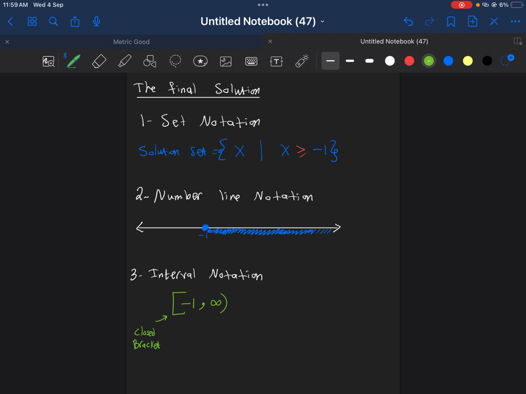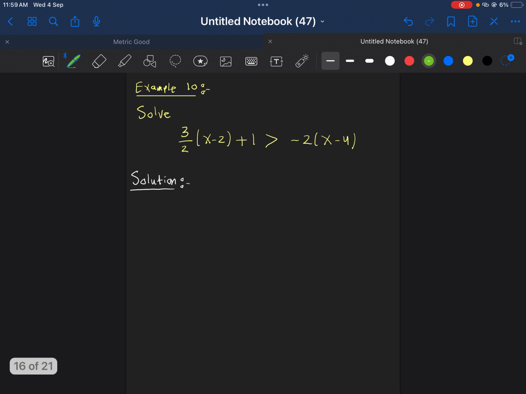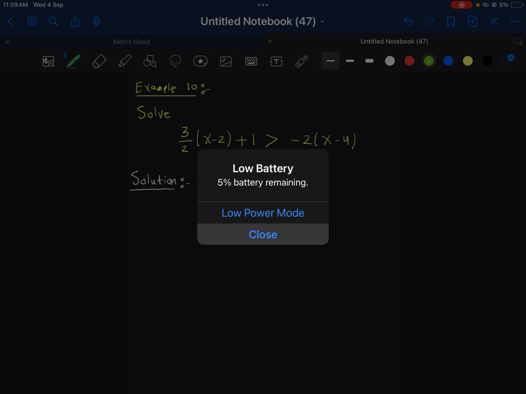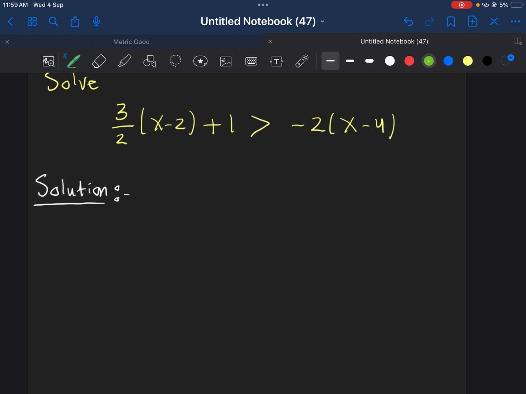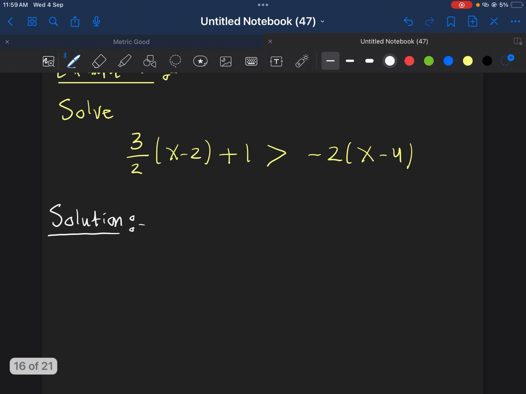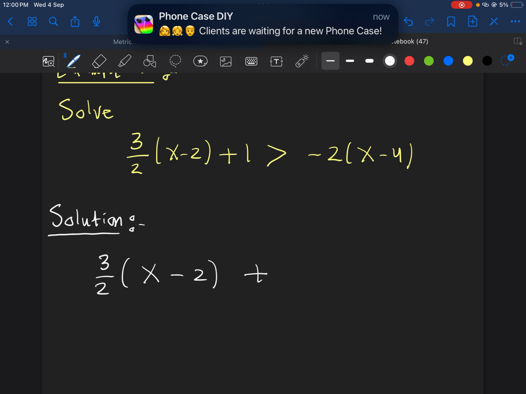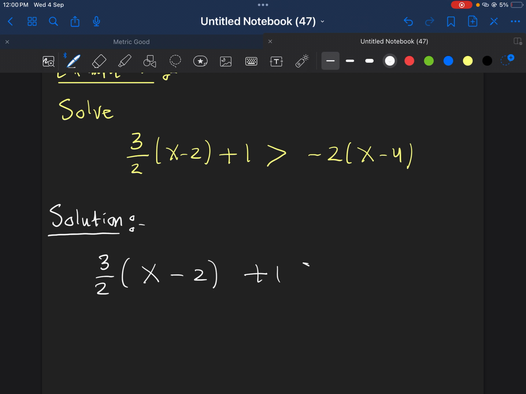So, example 10, which is, by the way, kind of similar to the equation. In this example, again, we need to open brackets. Let's do it. So, first of all, let me write the question, and then we can write down what we need. 3 over 2 times x minus 4, plus 1 greater than negative 2 times x minus 4.